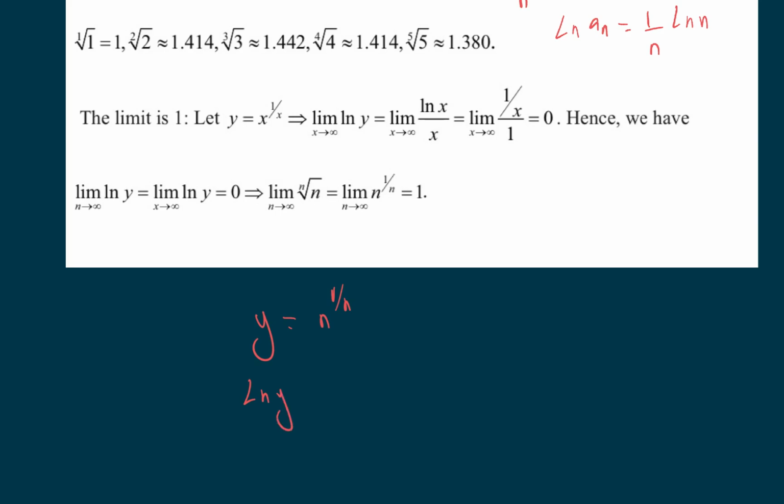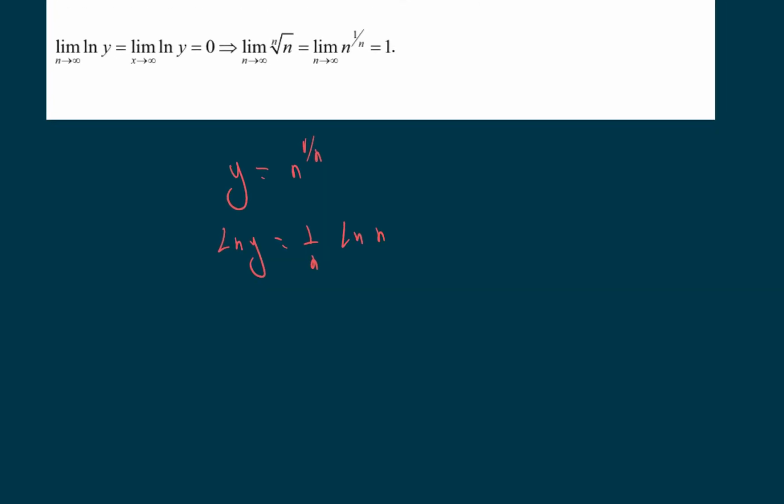So the natural log of y will be 1 divided by n times the natural log of n. The limit when n goes to infinity of the natural log of y will be the limit of the natural log of n divided by n. So this is of the form infinity divided by infinity. So we take the derivative with respect to n using L'Hopital's rule.